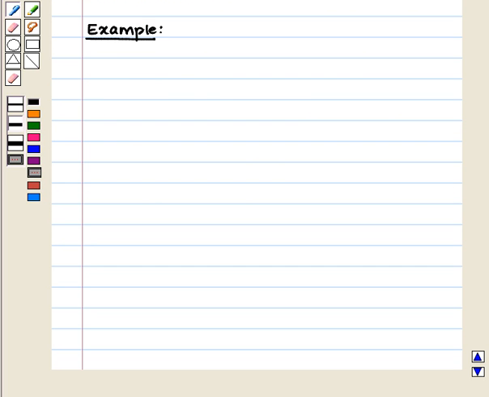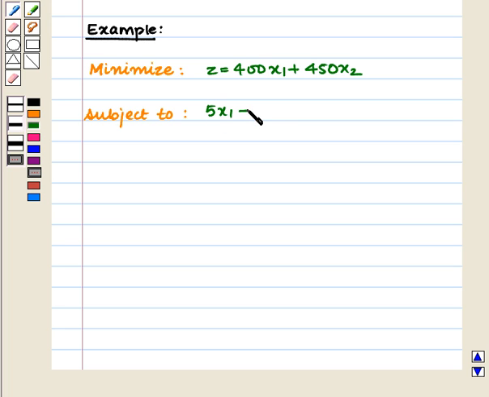Consider the following example. Minimize z equal to 400x1 plus 450x2 subject to 5x1 plus 10x2 is greater than or equal to 45, 20x1 plus 15x2 is greater than or equal to 80, x1 is greater than or equal to 0 and x2 is greater than or equal to 0.